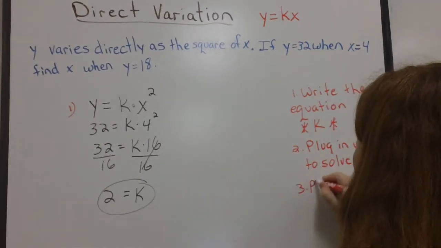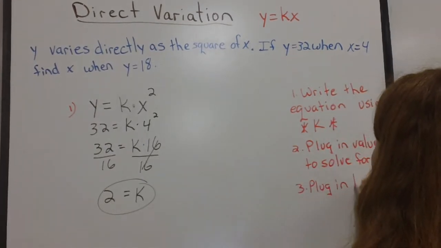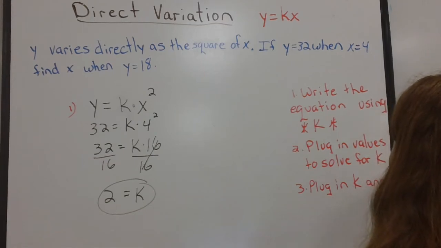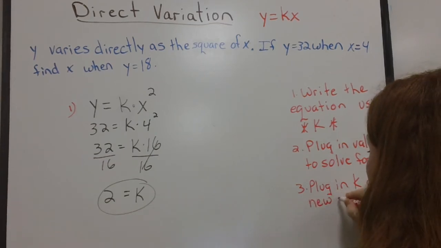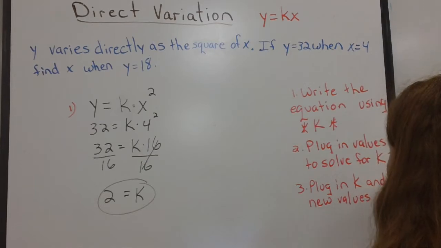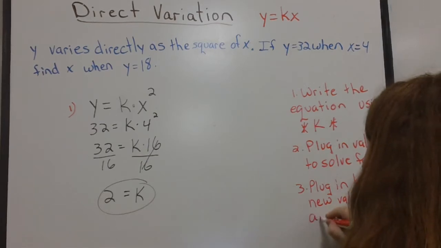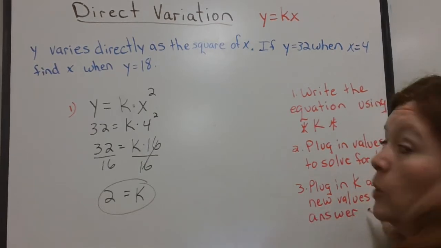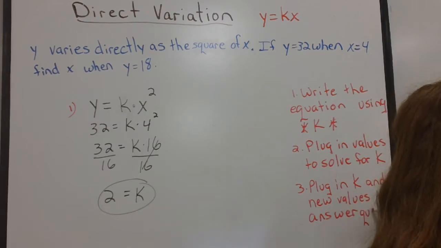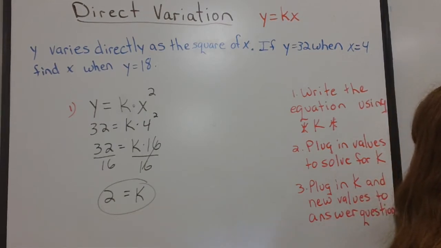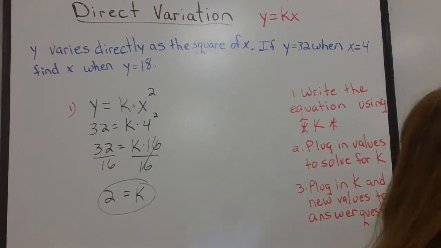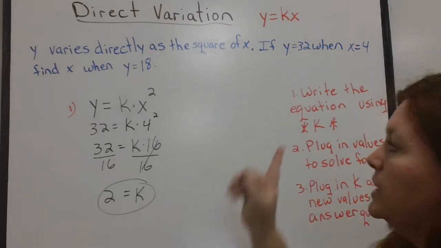Final step: plug in k and new values to answer the question. Running out of room. All right, so we've done step 1. We've done step 2.